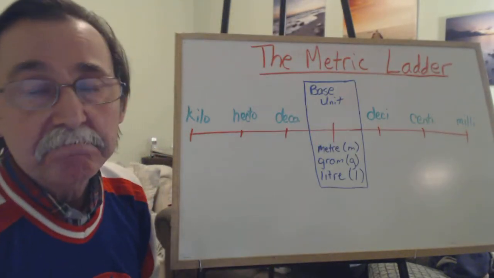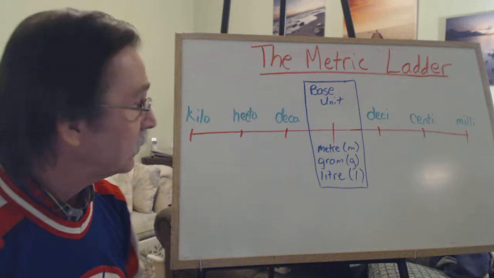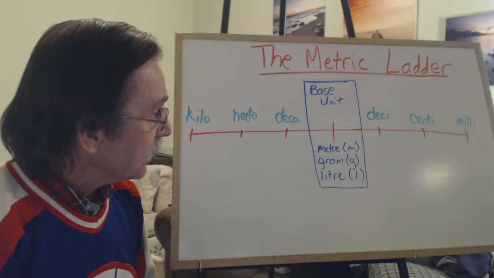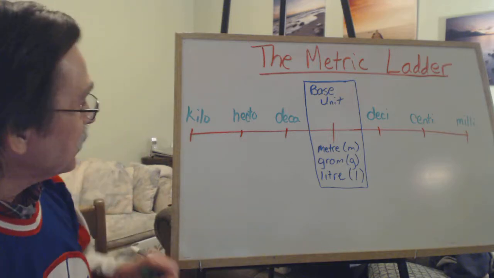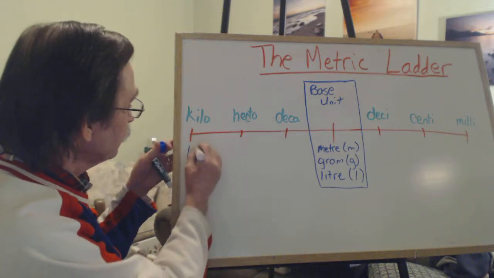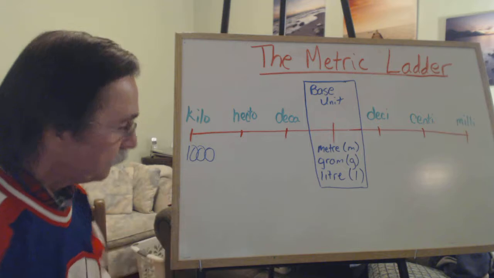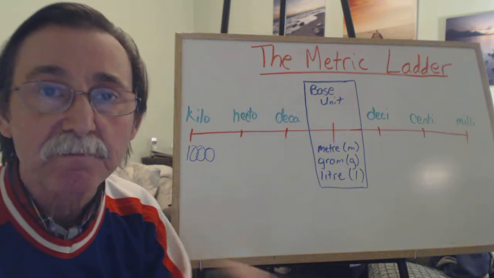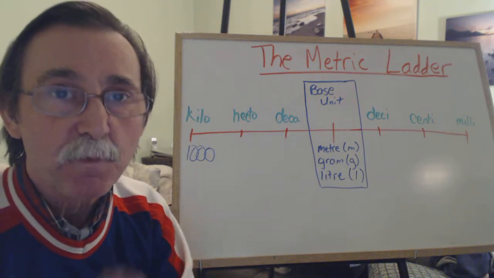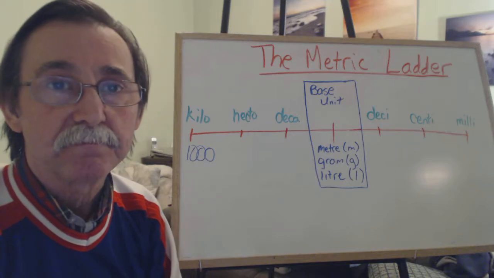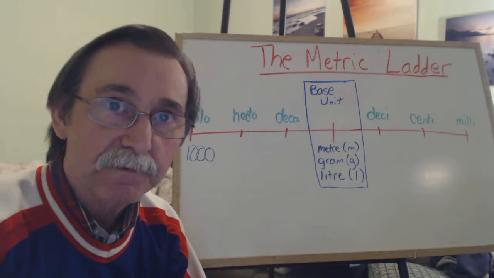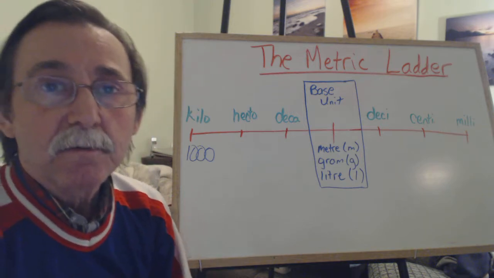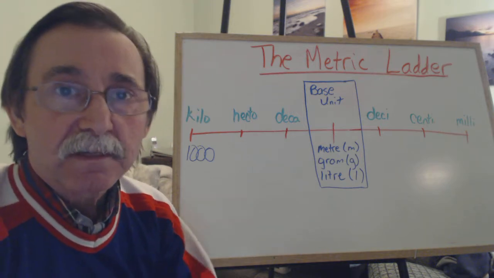Deca, even less often. But we do know that kilo means 1,000. If I have a kilometer, that means 1,000 meters. A kilogram means 1,000 grams. A kiloliter means 1,000 liters.